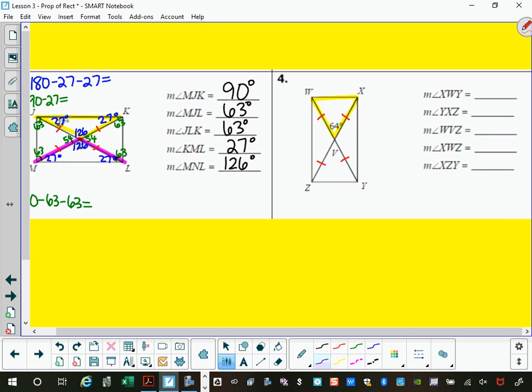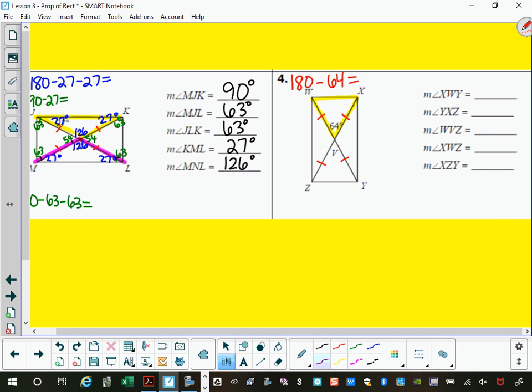How can I figure out what these two base angles are? Just look at that yellow triangle. There's how many degrees inside the triangle? Guys, there's how many degrees inside this one triangle? 180.